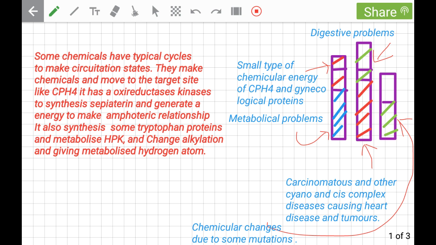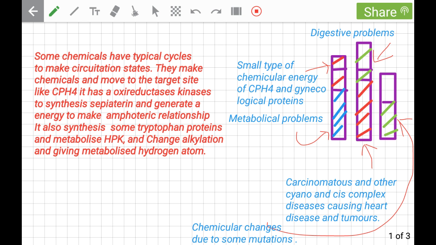CPH4 is a carboxylic agent that has a typical pyroxene and can be used as an energy equipment in gynecological problems.